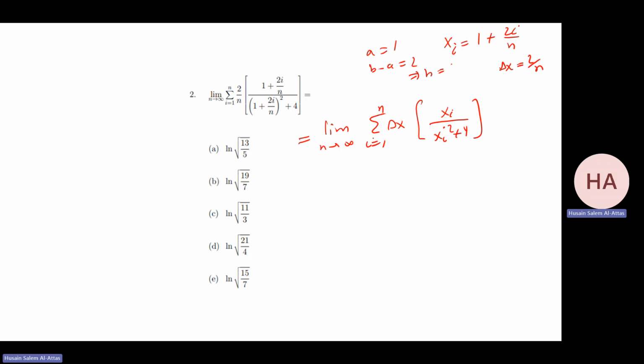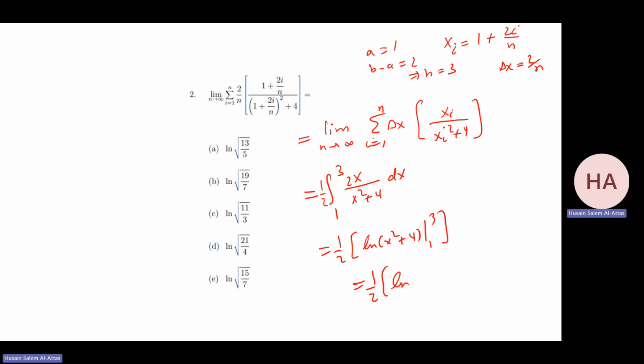So b equals what? 3. So I have integral 1 to 3 of x over x squared plus 4 dx, 2.5 outside. So I have half ln of x squared plus 4 from 1 to 3. That will be half ln 9 plus 4, which is 13, minus ln 5. That will be half ln 13 over 5, or I can write it ln square root of 13 over 5. So this goes above, which is this one.